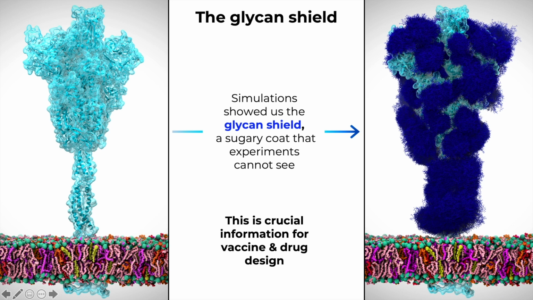And what's really key here is not only knowing where that protective shield is, but also where it's not. Because in these spots that are open, where the protein is actually exposed, those are the vulnerable parts of the virus and of the spike protein, where antibodies bind and where possible new drugs and therapeutics could be designed to also prevent or cure infection.